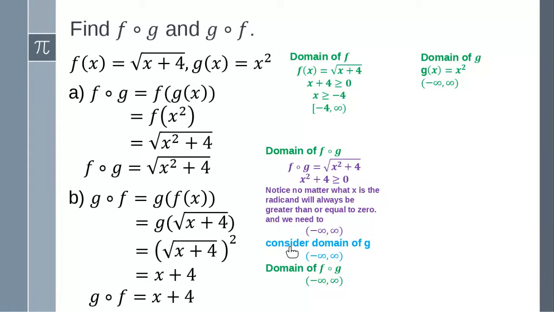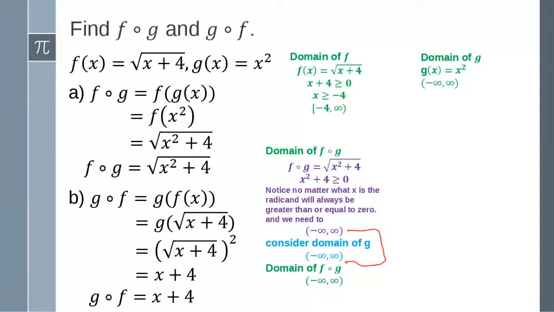And I put it here in blue, consider the domain of g. We already found it, it's negative infinity to positive infinity. So the domain for the whole thing is what they have in common. So what does this have in common with this? And basically they have everything in common, right?